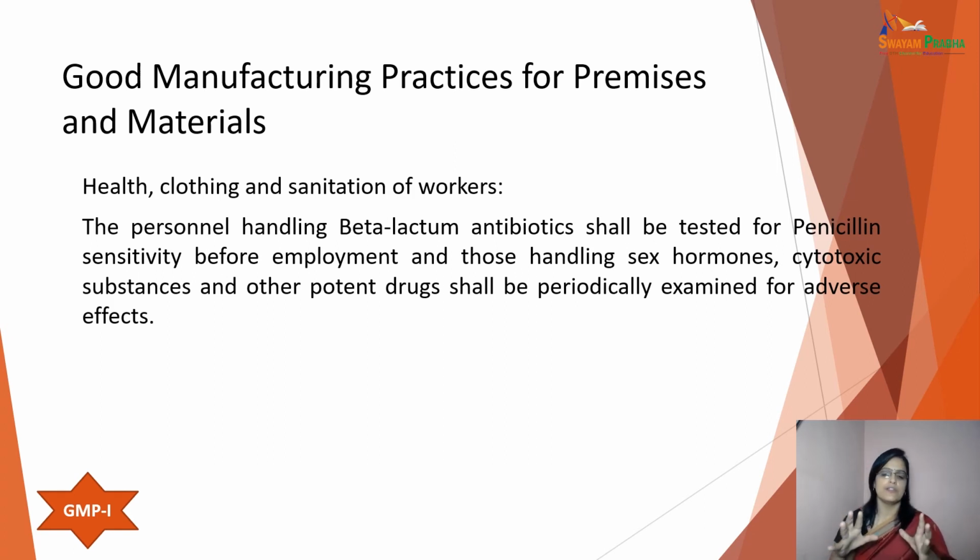They should be tested for penicillin sensitivity before their employment, and those handling the sex hormones, psychotropic substances and other potent drugs shall be periodically examined for any kind of adverse effect. These persons should be moved out of this section, except the dedicated facilities, by rotation as a health safeguard.